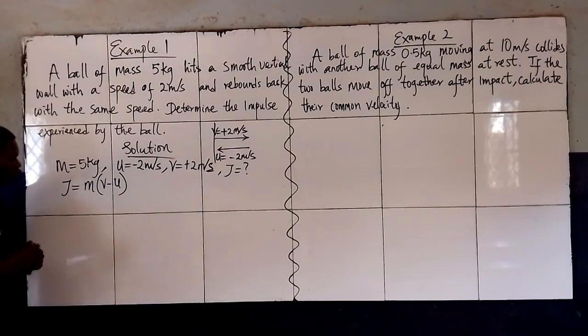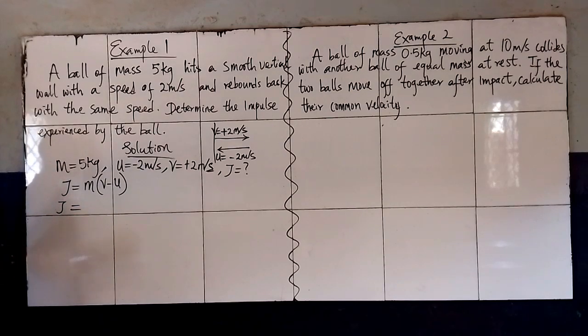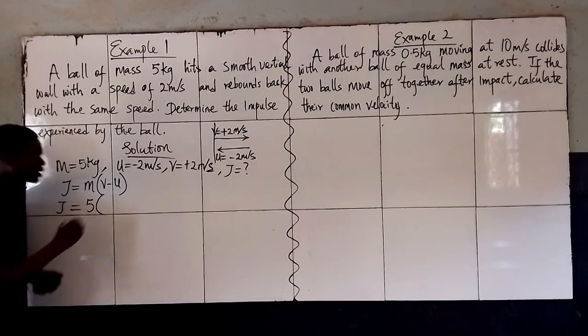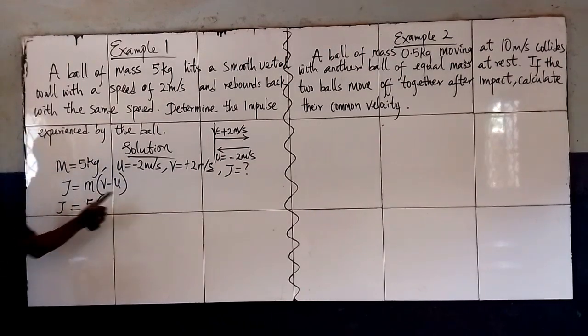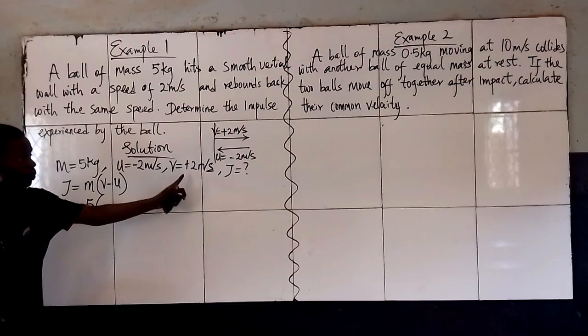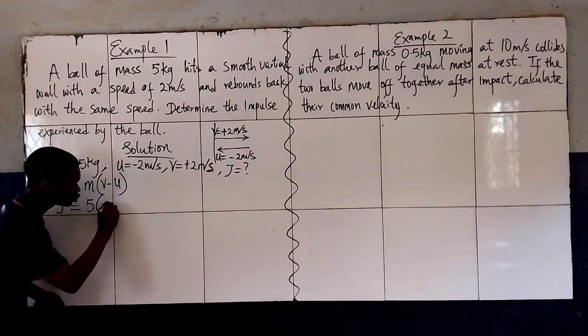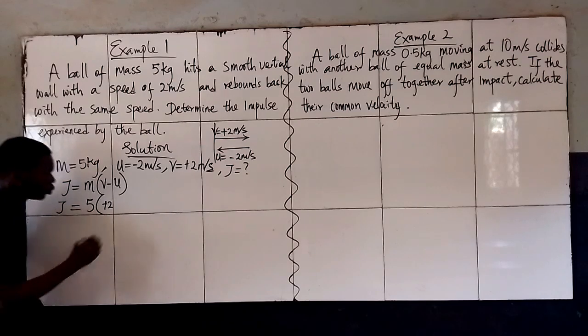So what next? Now you have done this, substitute all the values you have into this formula. J equals, because J itself has no value yet, what is the mass? 5 in bracket. What is V, the final velocity, accompanying it with the sign? Plus 2. Then what is in the middle? Minus.